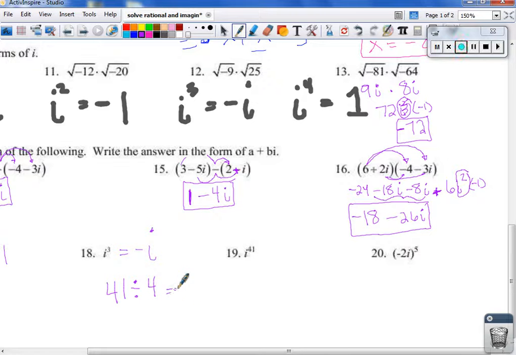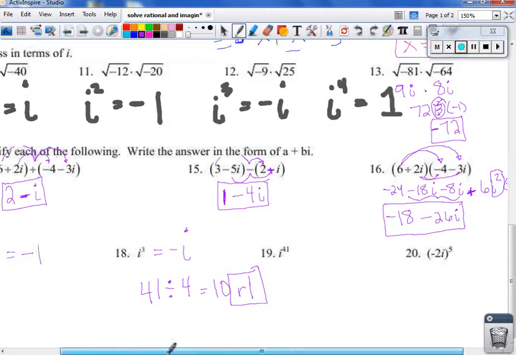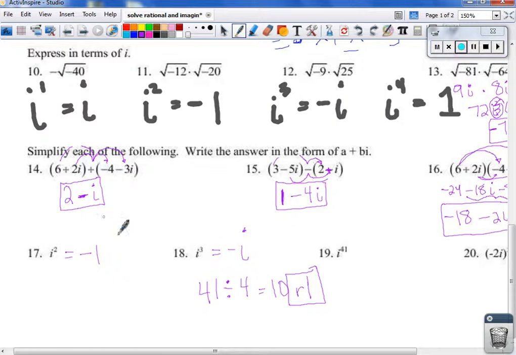And that we know is 10 with a remainder of 1. So we have gone through this i cycle 10 times, and we are back to i to the first power. So i to the 41st is the same thing as i to the regular first, which is just i. Okay, that'd be the same value.